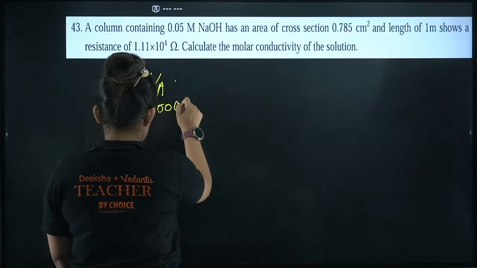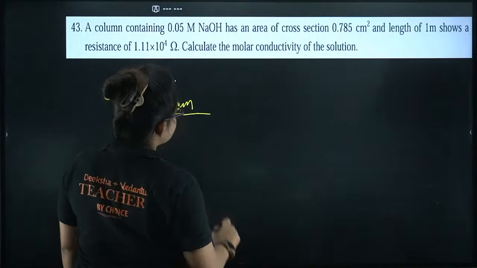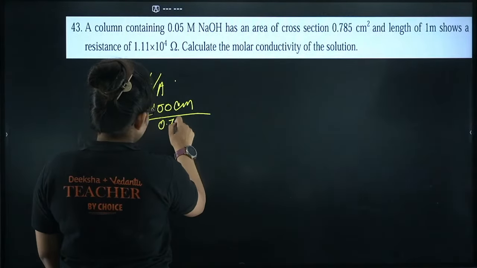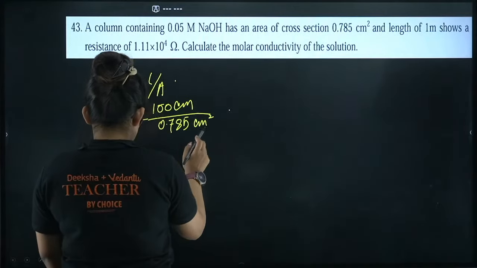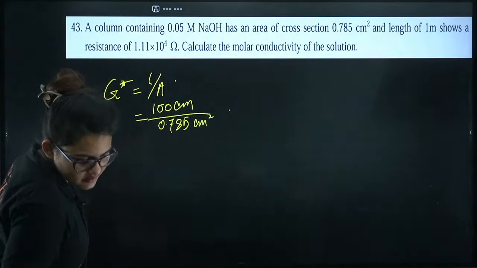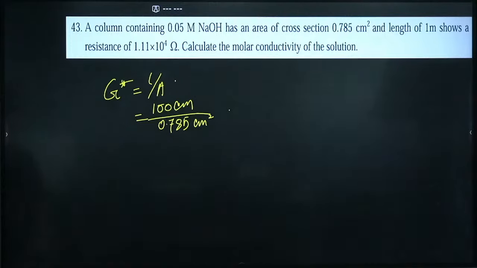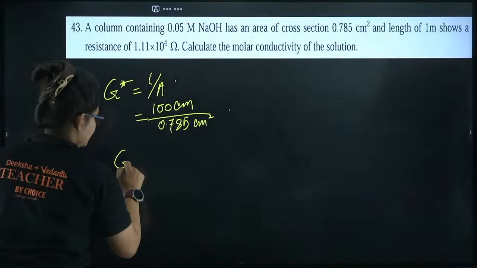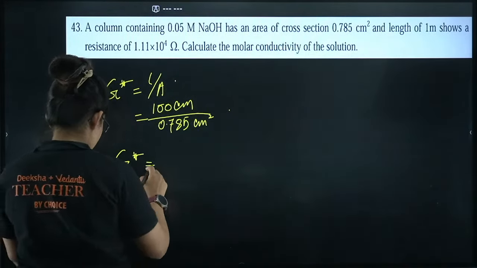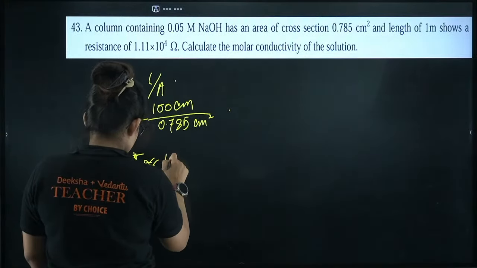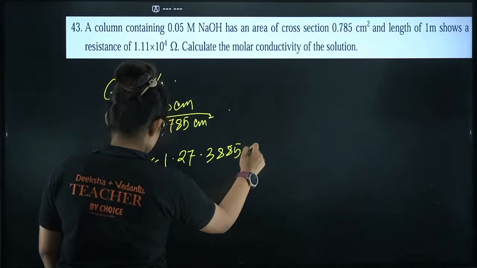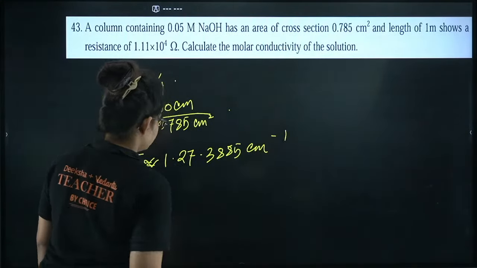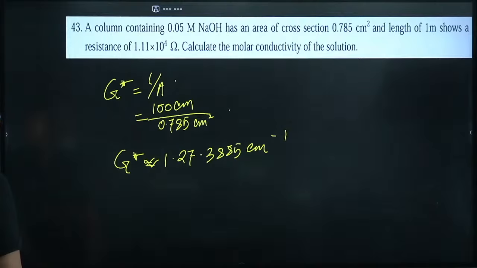So 100 centimeter divided by 0.785 centimeter square. Just a minute, let me just do the calculation. So it will come as G star almost equals to 127.3885 centimeter inverse, right? So G star means it is the cell constant, right?